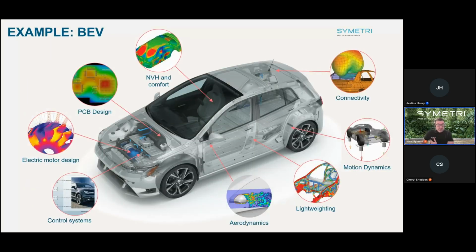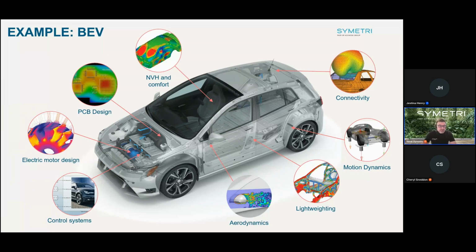Here's a concrete example of how simulation-driven design can be applied to address the challenges that we've discussed. This is an example of a battery electric vehicle. These present unique engineering challenges that require a multidisciplinary approach. Simulation plays a crucial role in optimizing various aspects of the vehicle, from its core components to its overall performance. So, the electric motor design.